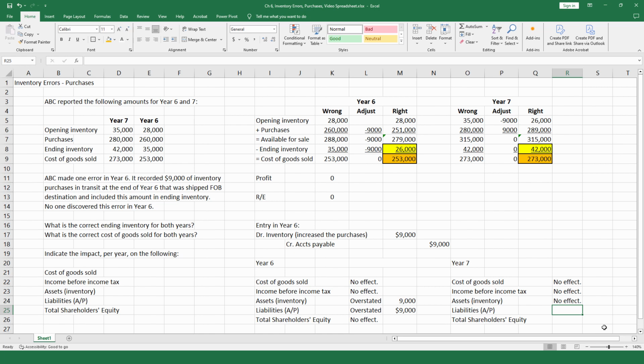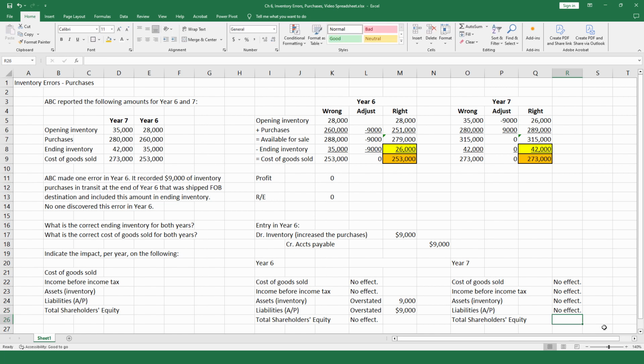So opening accounts payable is incorrect, but accounts payable for the year is correct because it did show an increase in the accounts payable of $9,000. So in year 7, even though the opening accounts payable was wrong, the actual accounts payable immediately thereafter is correct. So liabilities accounts payable has no error.